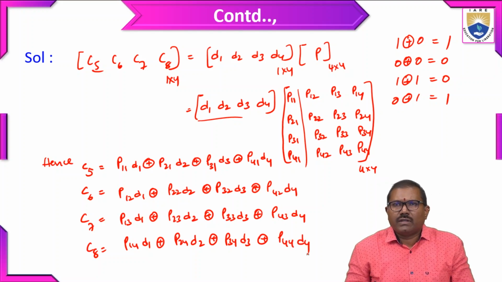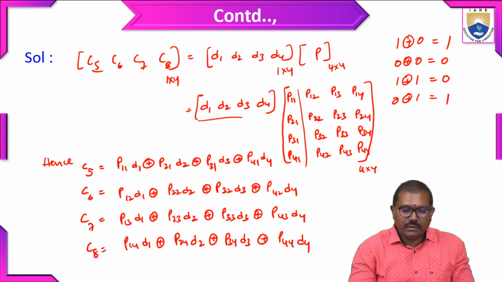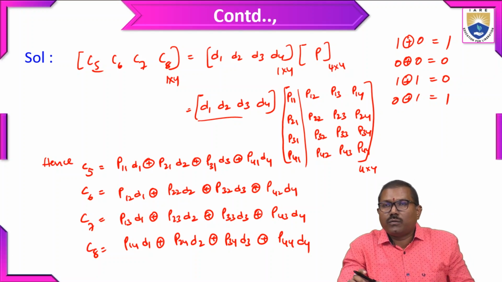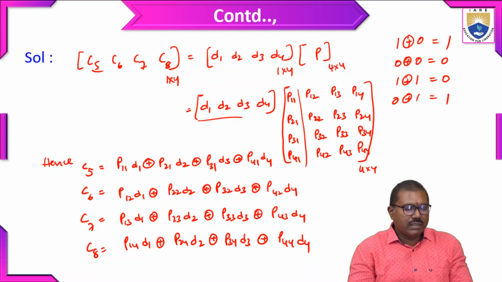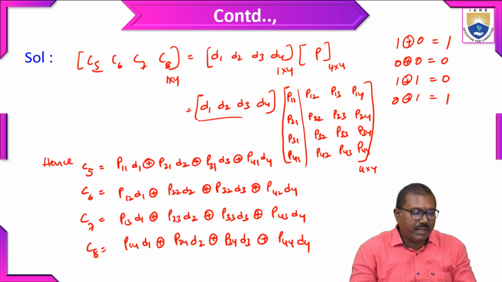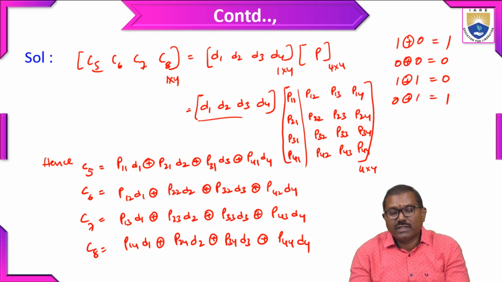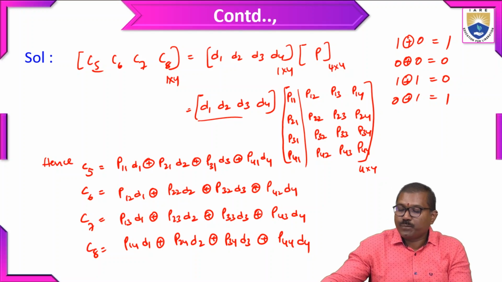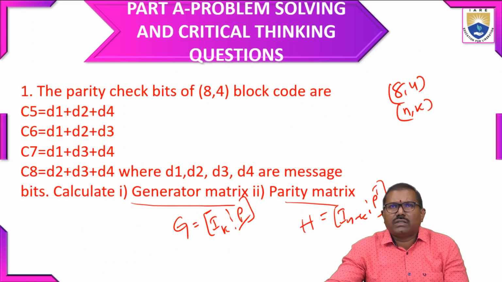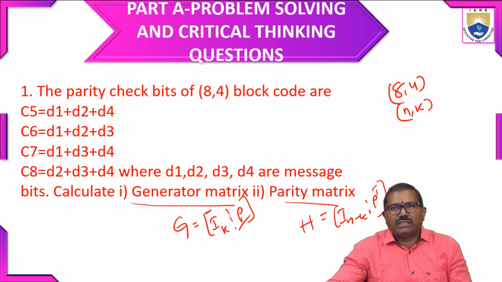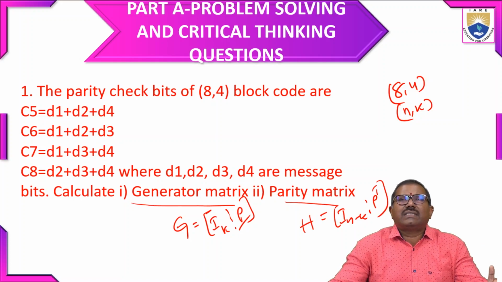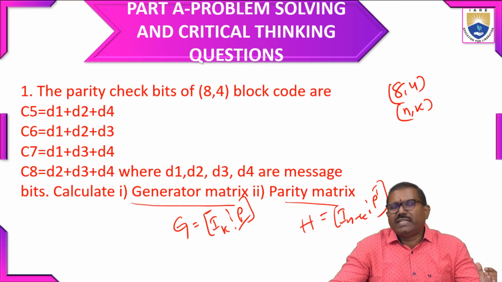Okay. So this is my multiplication of message matrix with the coefficient matrix. Okay. Now we are going to compare with the given check bit equations. So what are the given check bit equations? You go for the question. So what is given? C5 equal to D1, D2, D4 present. D3 is absent. Okay. And again C6 equal to D1, D2, D3 present.